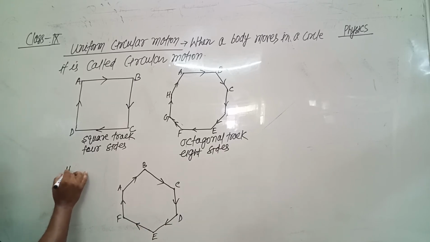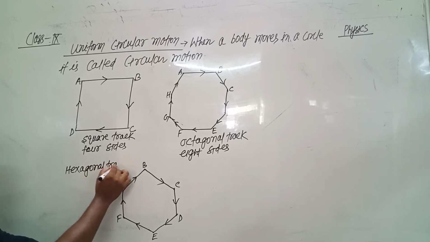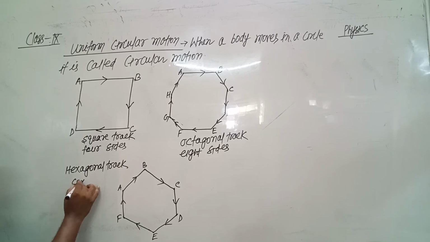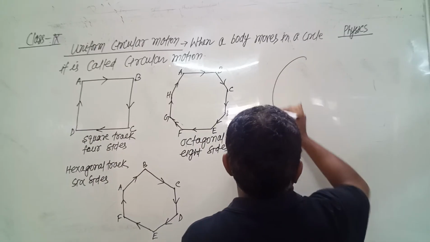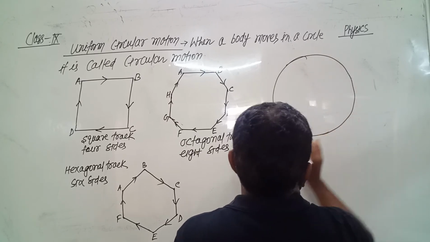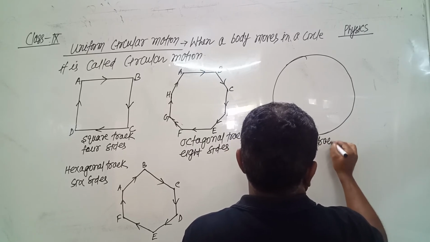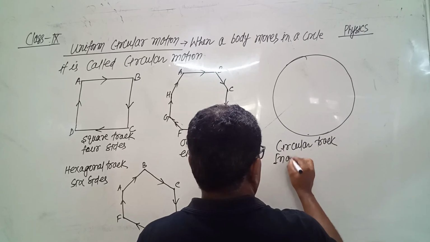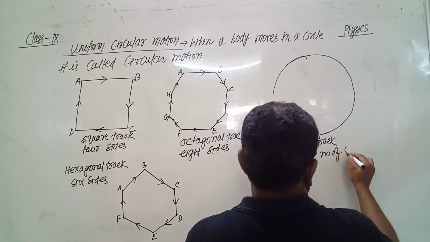This is called a hexagonal track, having a total number of 6 sides. And this is a circle, called a circular track, having an indefinite number of sides.